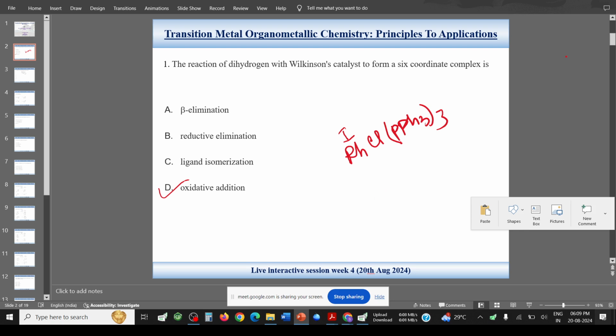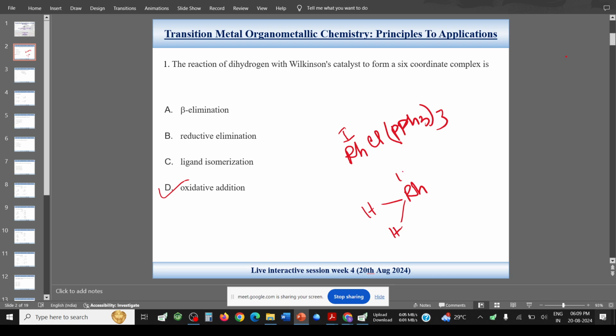So during the addition of hydrogen, it will add 2 hydrogen atoms to give the rhodium(III) complex, and hydrogen will act as a hydride. So this is Cl and 3 PPh3 will be like this.